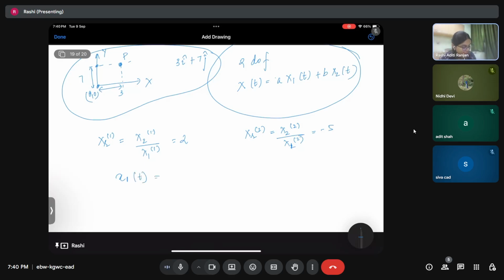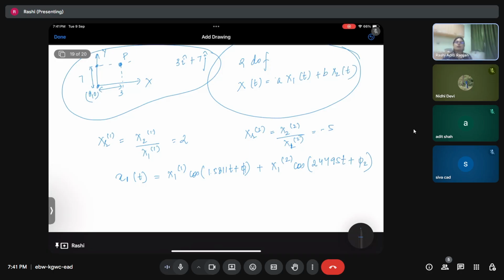So x1 of t can be written as x1 of 1 cos of 1.5811 t plus phi 1, plus x1 of 2 cos of 2.4495 t plus phi 2. Here we have considered x1 of 1 as a constant and x1 of 2 as a constant.